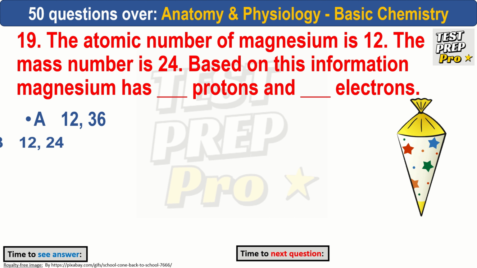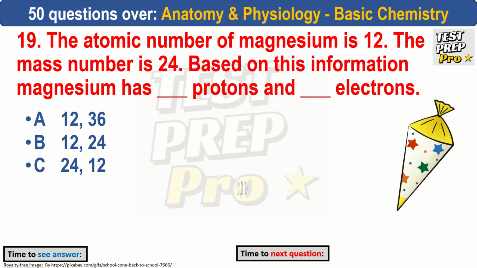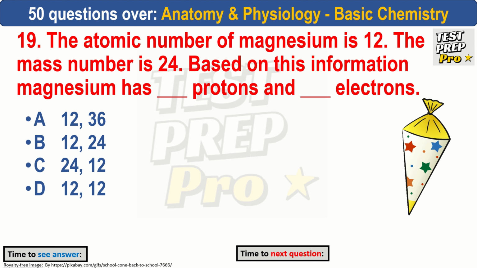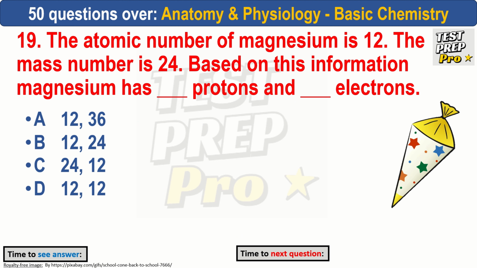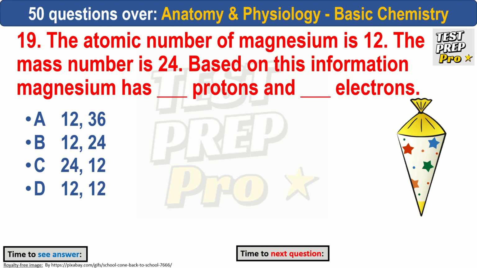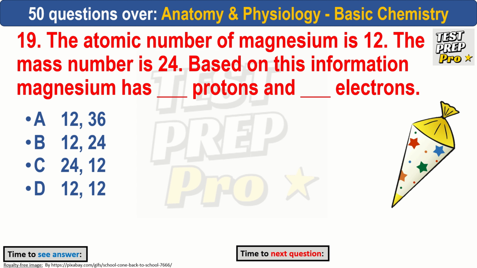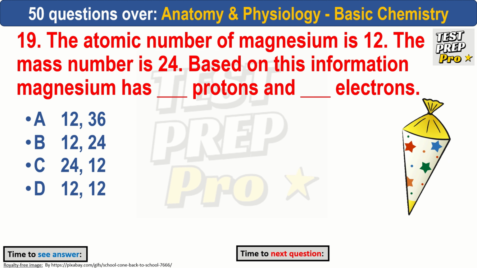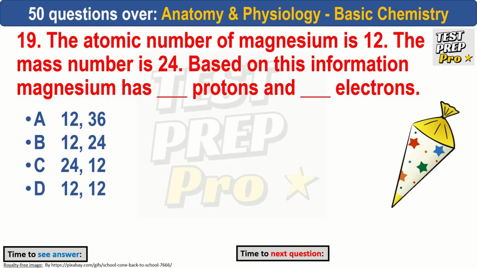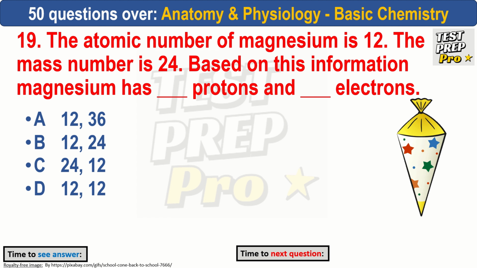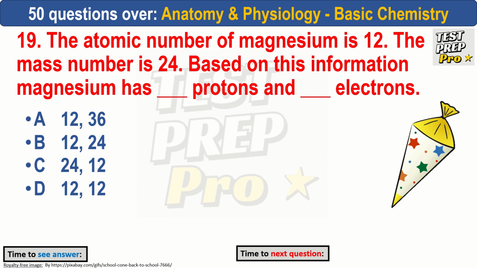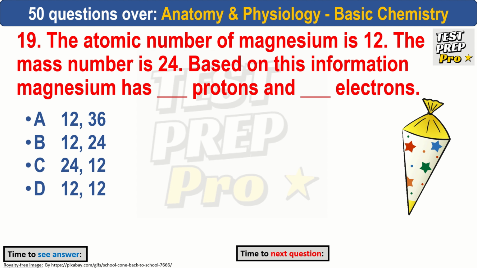The atomic number of magnesium is 12. The mass number is 24. Based on this information, magnesium has blank number of protons and blank number of electrons. So does magnesium have 12 protons and 36 electrons? Does it have 12 protons and 24 electrons?